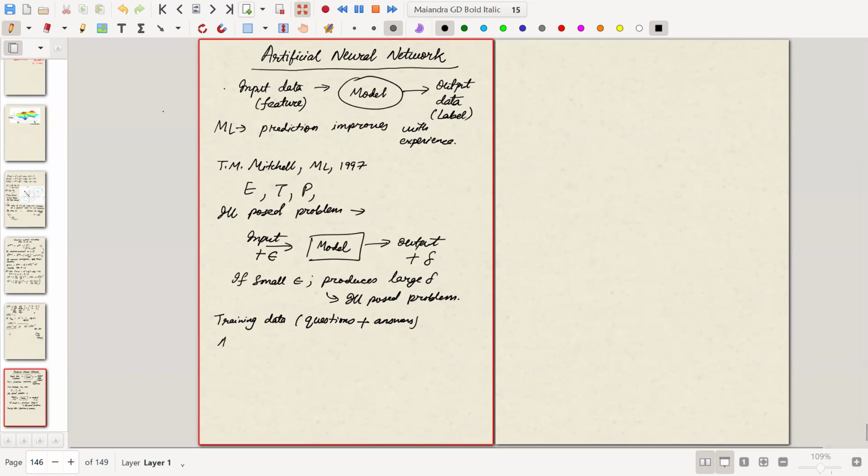Maybe I can write this: ANN is a technique in ML, used in both supervised and unsupervised problems. Clear? It's not like you will only apply it to supervised and not to unsupervised. Good. So that's artificial neural network.